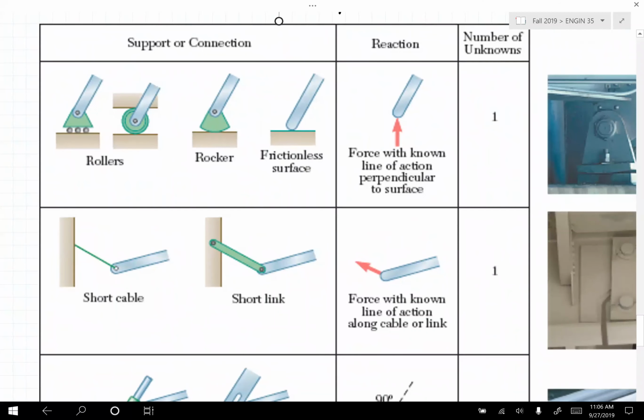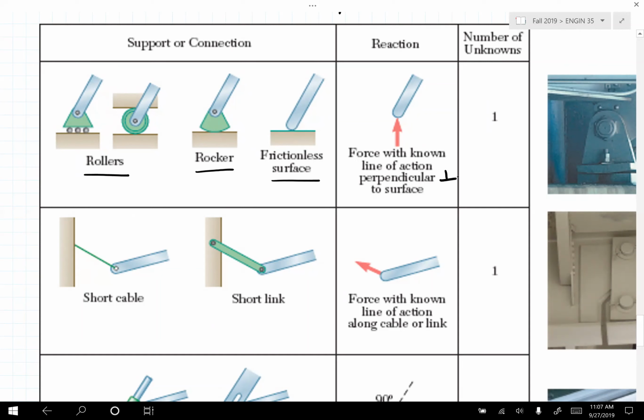So one type of support and connection we have here is rollers or rockers or a frictionless surface. And the reaction, so how we're going to replace this support or connection with a force in our free body diagram, is going to be a force where the line of action is perpendicular to the surface.